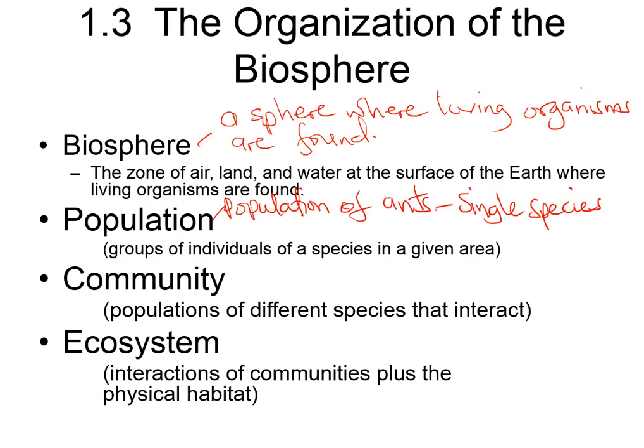Within a certain living space, if you want to look for population, you just select one species that you are looking at and find out how many are within that area. So you say this area has 1 million ants. That's the population of ants. Or this area has 40,000 people.